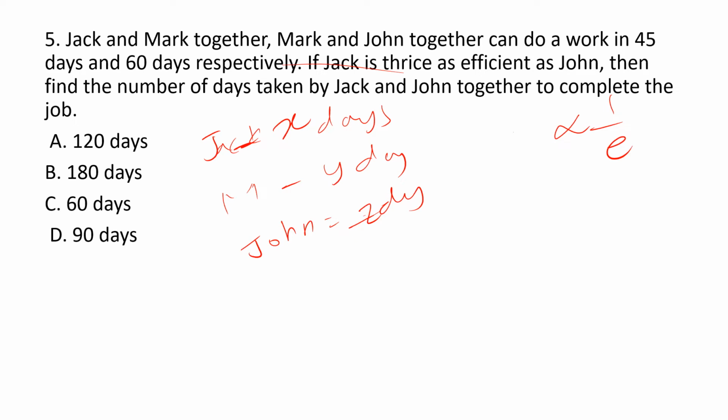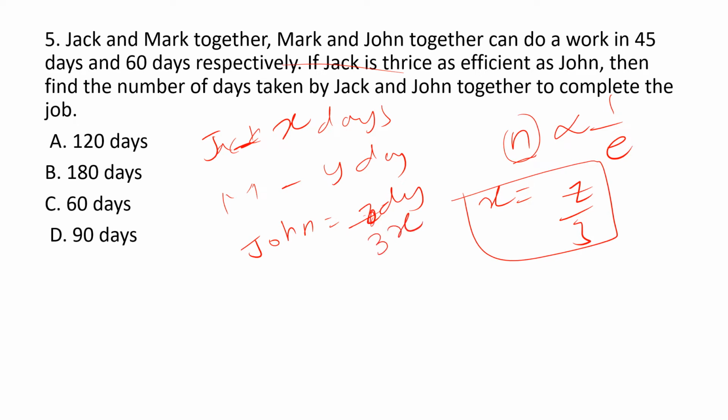If efficiency is more, the number of days taken will be less. If efficiency is less, the number of days taken will be more. So if Jack is more efficient, then John will take more days and Jack will take fewer days. This can be simply put as x equals z by 3, so z equals 3x. We can simply replace it.